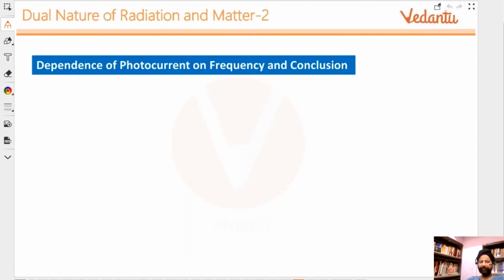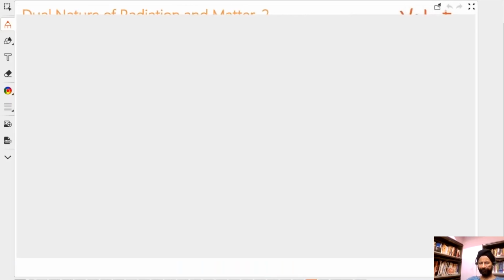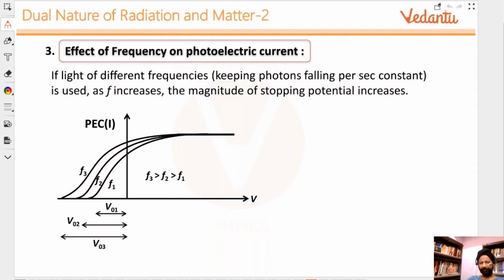Nobody is asking questions. So, dependency of photocurrent on frequency and the conclusion there. We did intensity. If we increase the frequency, the saturation current will not increase. Please understand that the current only depends on the intensity.